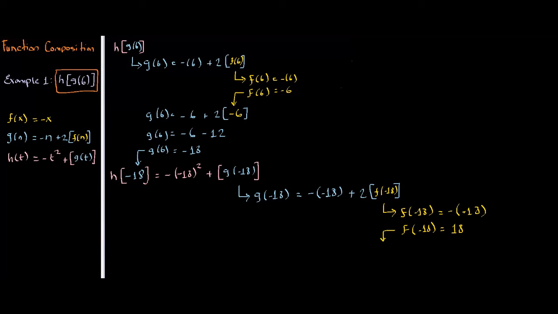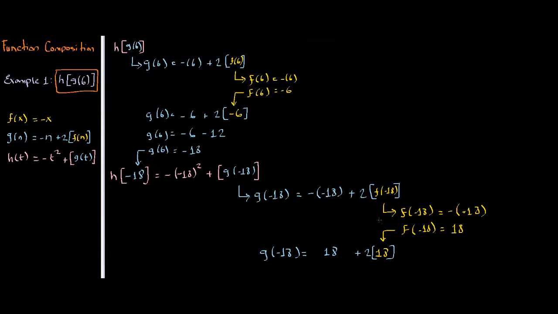So I'm going to just continue. It's going to be 18 here. I'm going to continue here. I'm just going to write the rest of the expression. Going to be negative 18 plus 2 times positive 18, and this is g of negative 18.